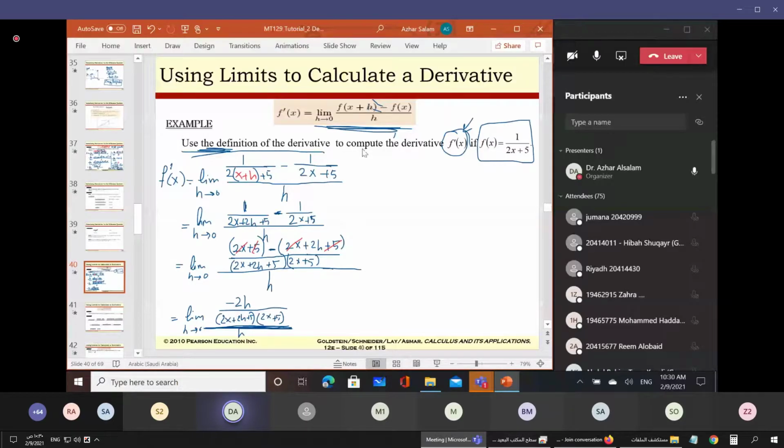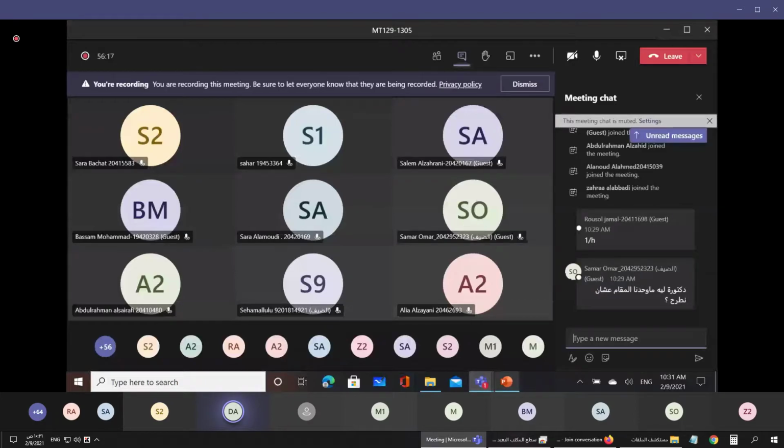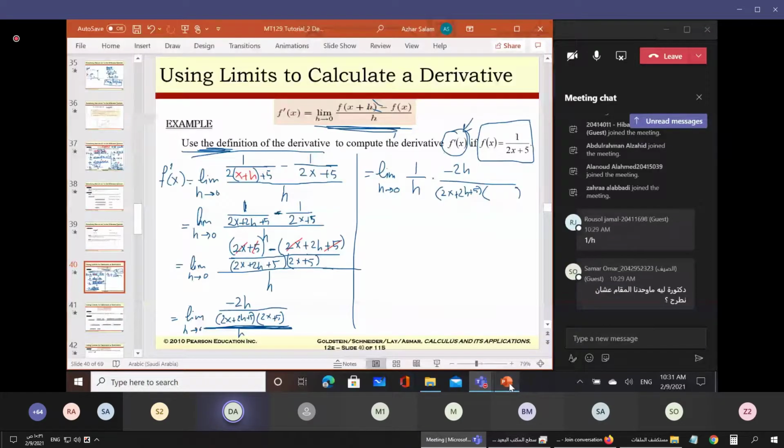So here I will complete: equals the limit when h approaches 0, 1 over h, this is the reciprocal of h, the reciprocal of the denominator, multiplied by minus 2h divided by these two brackets, which are 2x plus 2h plus 5, and here, sorry, okay, here 2x plus 5.